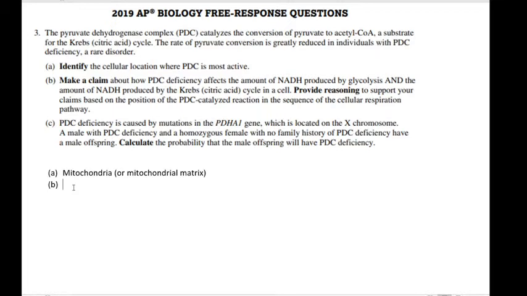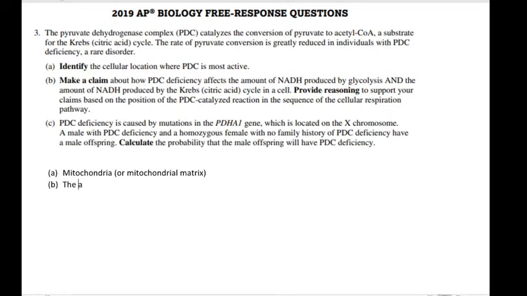It's an electron carrier and takes that to the electron transport chain. So we're going to look at this one. PDC deficiency would definitely reduce the amount of NADH produced by the Krebs cycle because it is preventing us from getting the material that we need there.